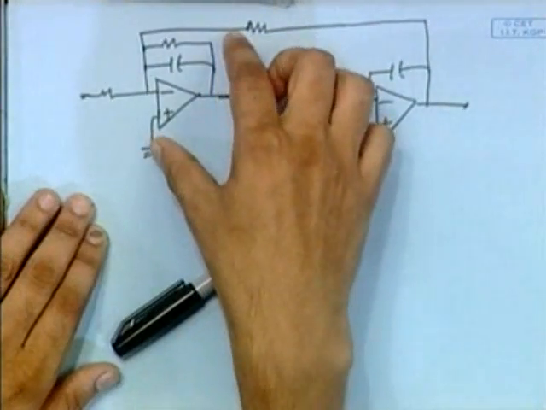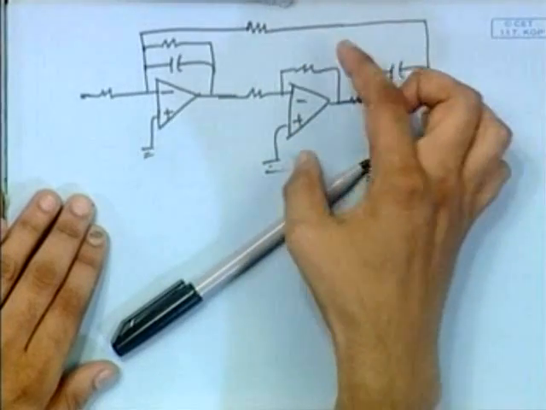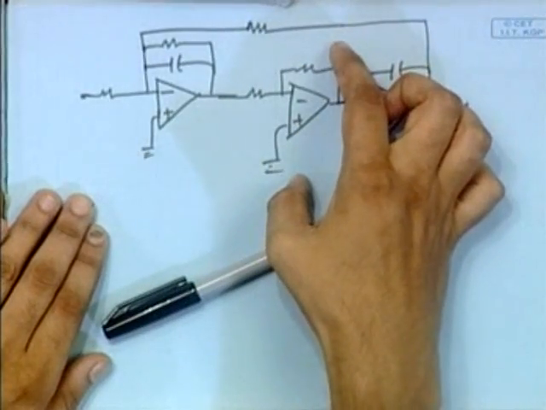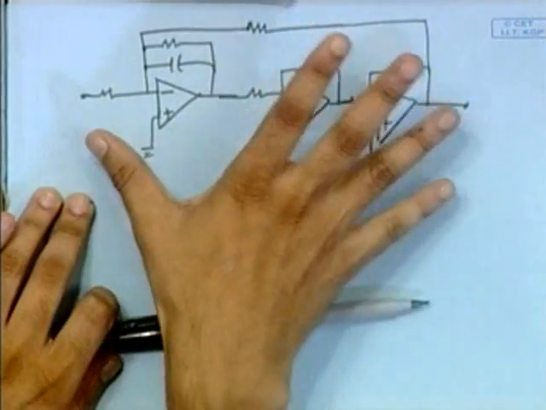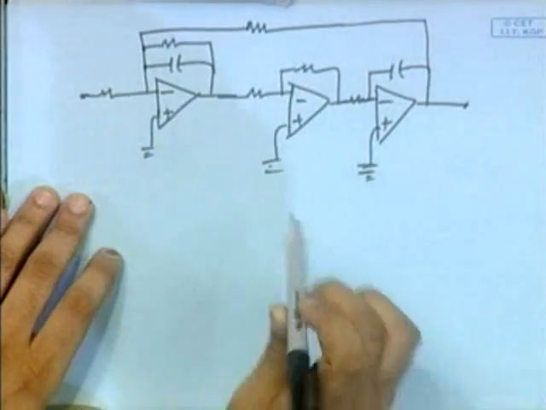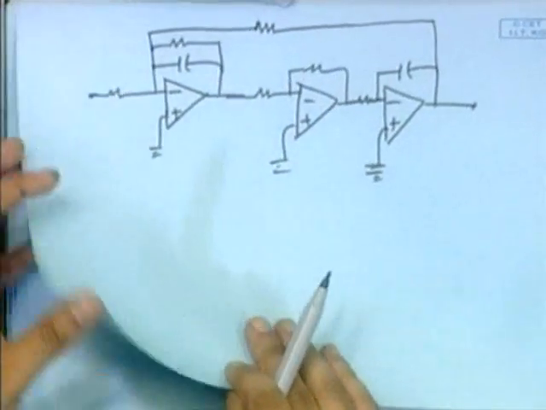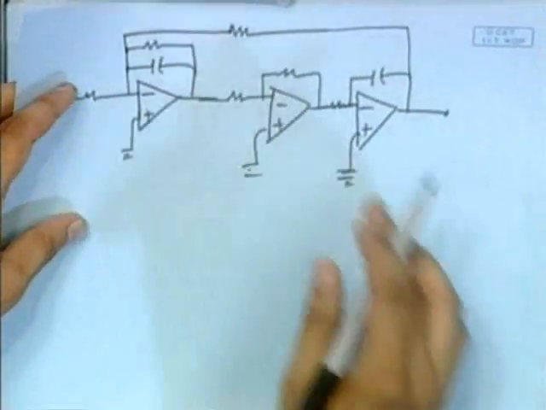First one is a damped integrator, next is an inverter, and third one is the integrator. Now how to design this circuit using the switched capacitor technique? How to replace these resistors?